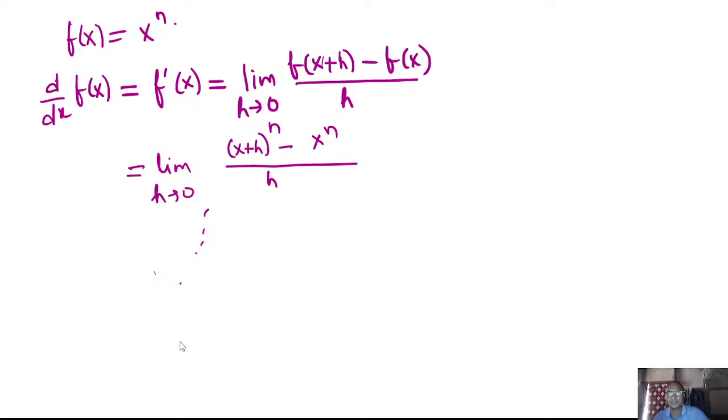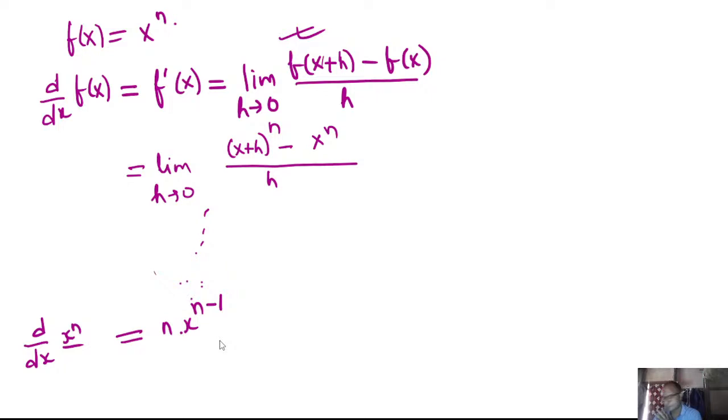But if you see the final result, the derivative of the function is n x to the power n minus 1. So d by dx of x to the power n is n x to the power n minus 1. Now what do you mean by differentiation?